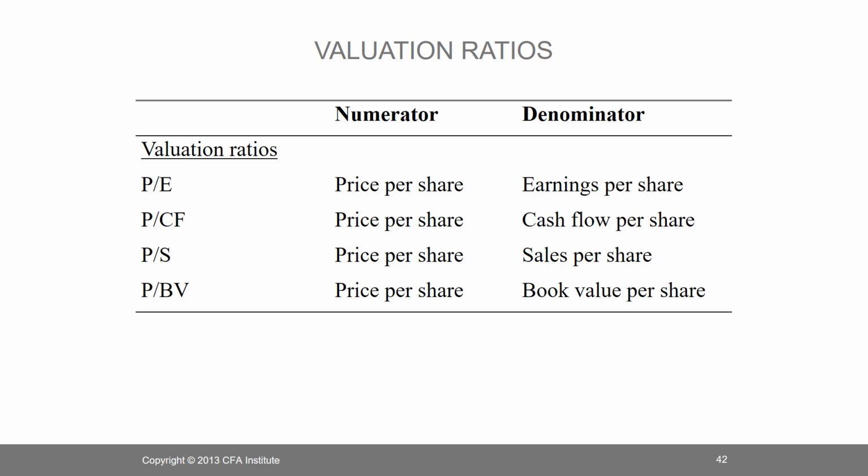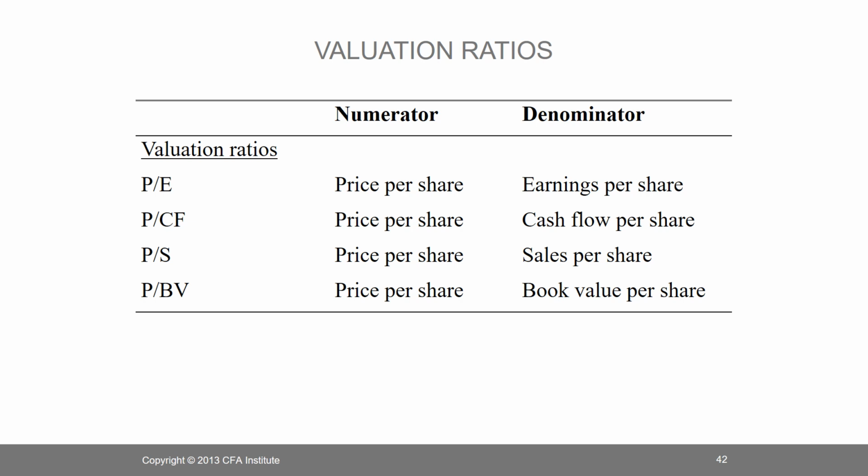And finally, we have price to book value. This is the ratio of price per share to book value per share. This ratio is often interpreted as an indicator of market judgment about the relationship between a company's required rate of return and its actual rate of return.